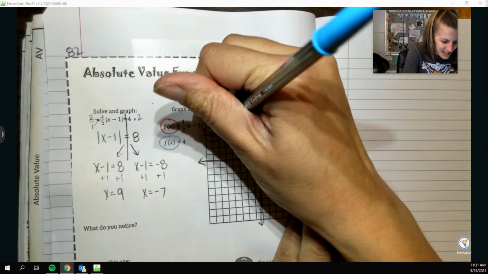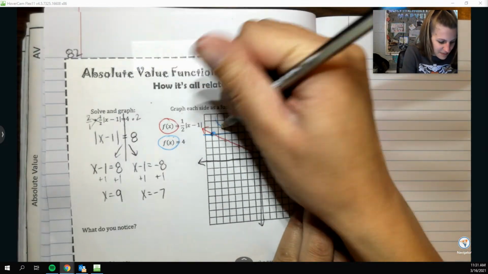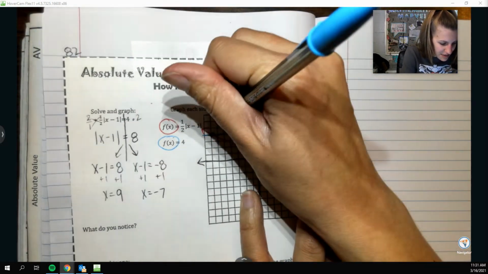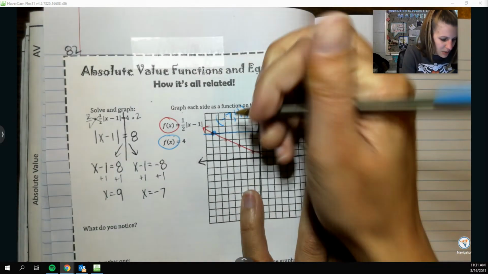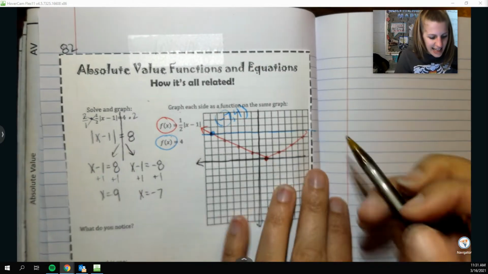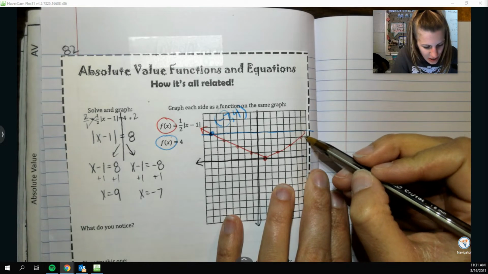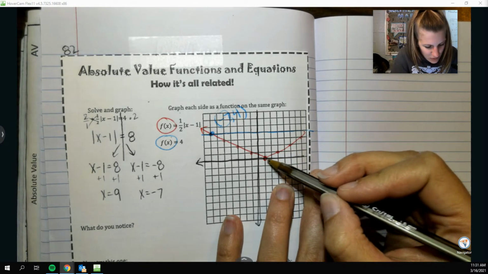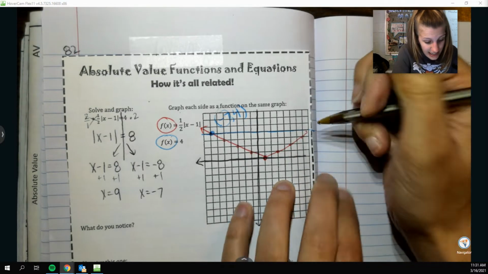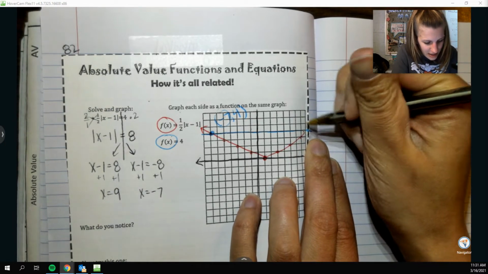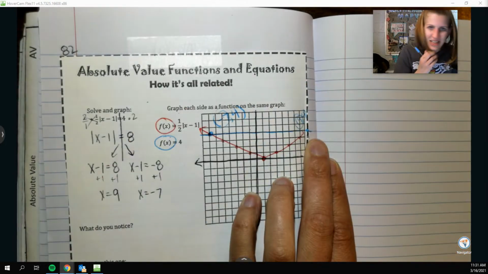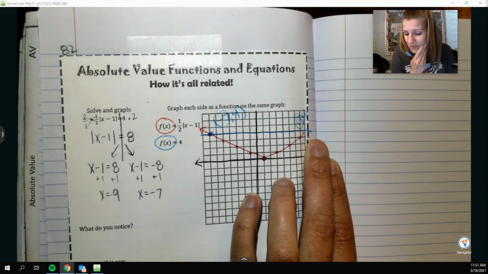So right here, we're touching at the point negative 7, comma 4, which negative 7 was one of my answers. And then this other one, it looks like it would cross right at the next square, which was 9, comma 4. Oh, I just wish I would have made my graph a little bigger, which again, I can see 9 was my other answer. So there you go.